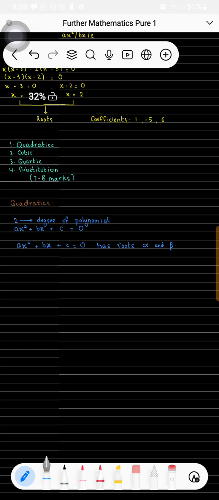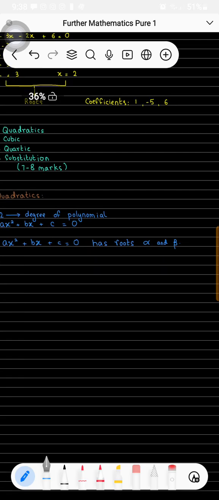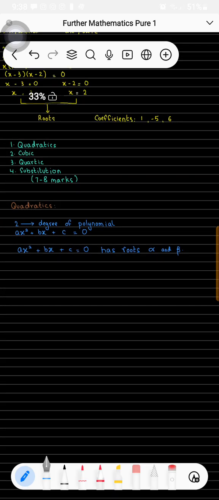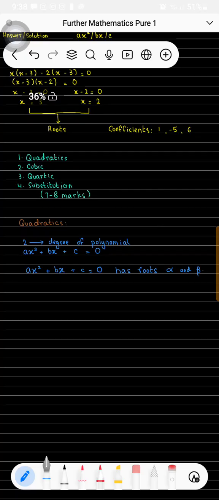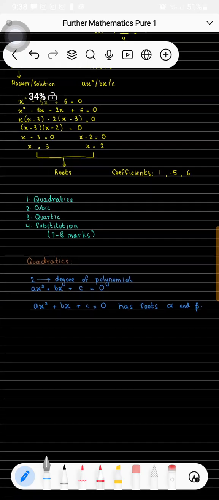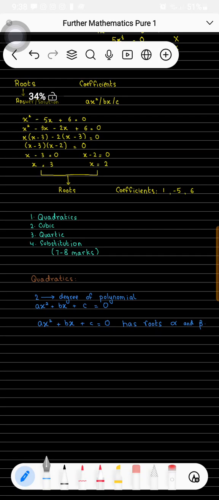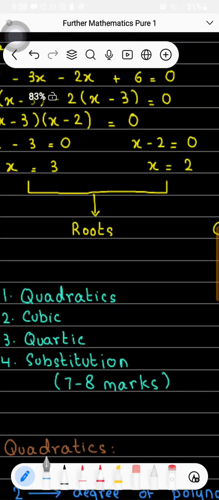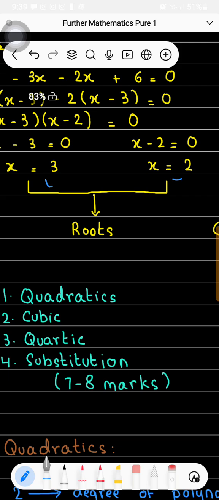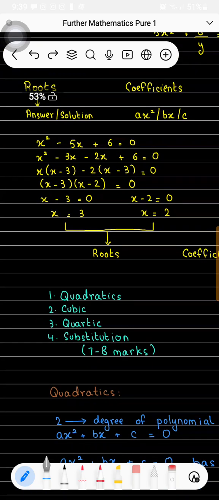Okay, so how will we do it? What do we have to do? Let me tell you, in O level add maths, and sometimes in A level maths, 2 or 3 questions appeared like that. The roots 3 and 2 were given, and we have to find the equation.